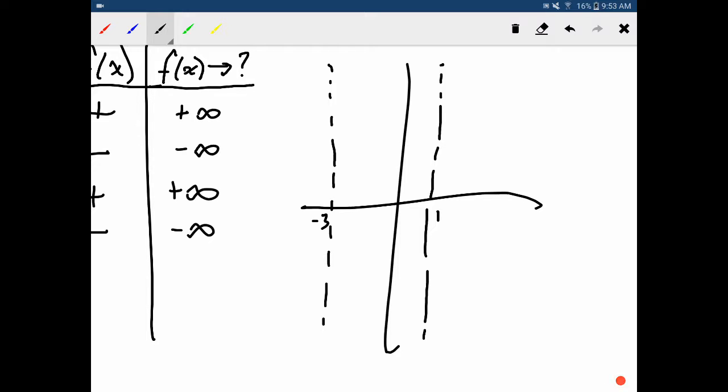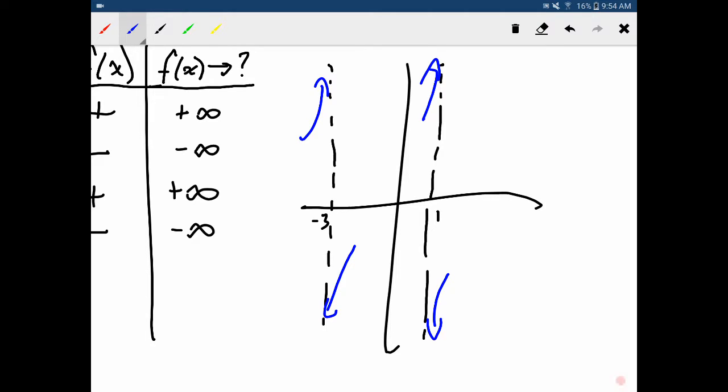So what that means is as we approach the negative 3 from the left, it's going to be going up like that. We don't know where it's coming from or anything, but at this point that doesn't matter. As we approach it from the right, we'll be going down to negative infinity, and here it'll be going up to positive infinity, and here it'll be going down to negative infinity. Okay, and beyond that we don't know what it's doing.